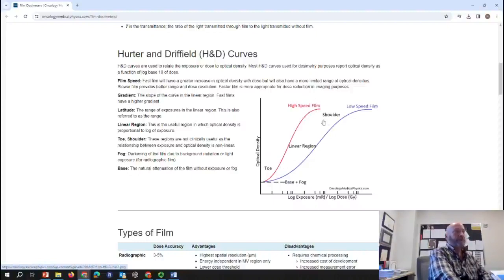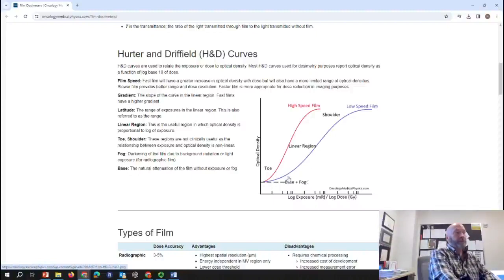The shoulder represents the area where we've got way too much density, and then the straight line portion represents contrast. So if it represents contrast, it also represents latitude. Remember, contrast and latitude are inverse of each other. I'll talk about that in a minute.